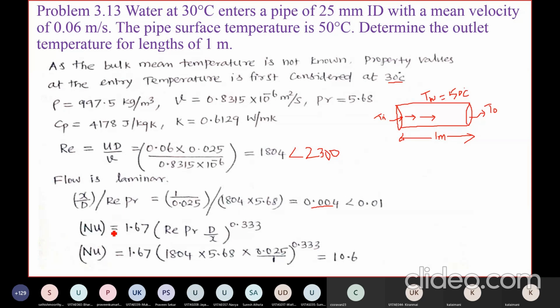Therefore, we have to use this relation. Nusselt number is equal to 1.67 × (Reynolds number × Prandtl number × d/x)^0.333. So 1.67, the Reynolds number we already found as 1804, the Prandtl number 5.68, then d by x, where the diameter of the pipe is 25 millimeter, so 0.025 divided by the length of the tube, which is 1 meter. We get the Nusselt number as 10.6.